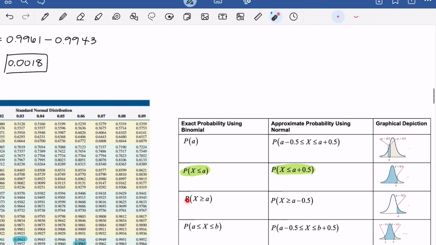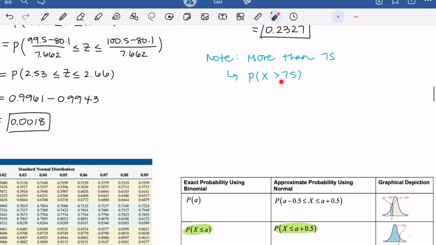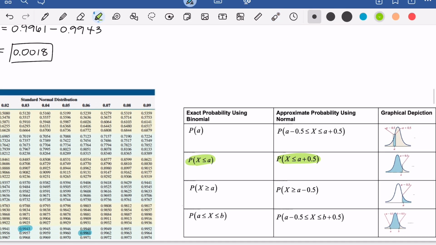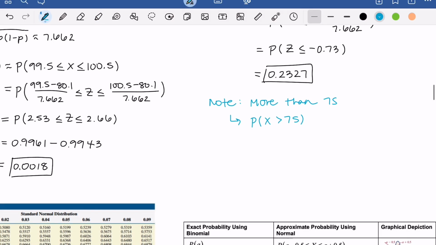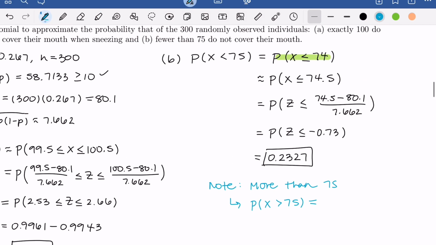We might want to use this here, but we don't have inclusivity in the statement that we're looking at. So what we'll do in this case is rewrite this in the same way that we did for part B. We're looking at the probability that x is greater than 75. This is the same thing as the probability that x is greater than or equal to 76.